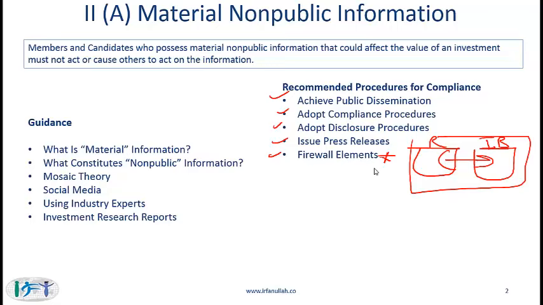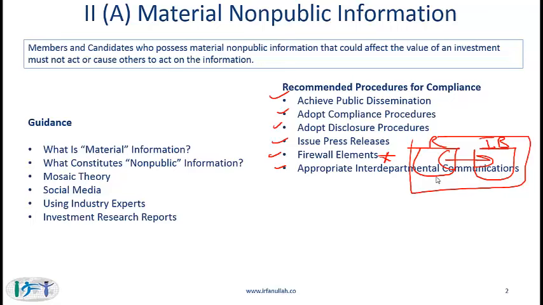Number 3, documentation of the procedures designed to limit the flow of information between departments and of the actions taken to enforce those procedures. And number 4, heightened review or restrictions of proprietary trading while a firm is in possession of material non-public information.